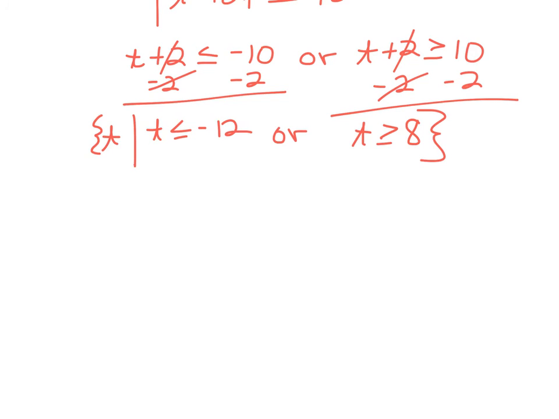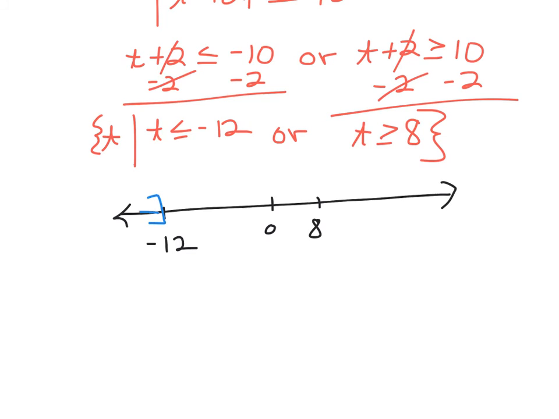Okay, graphically, that's a union. So we're going to include everything on the graph. So if here's 0, let's say 8's out here, and -12 is back here. Then I would have a bracket at -12 and shade to the left.